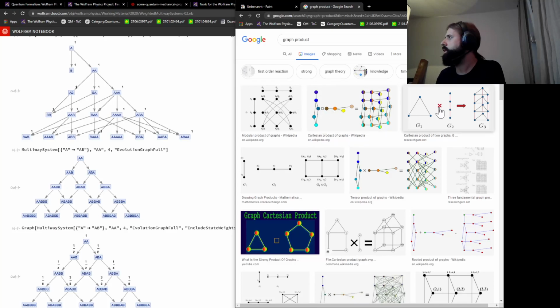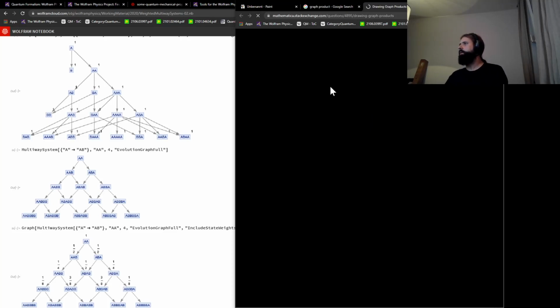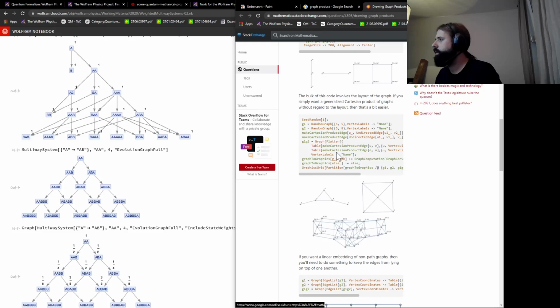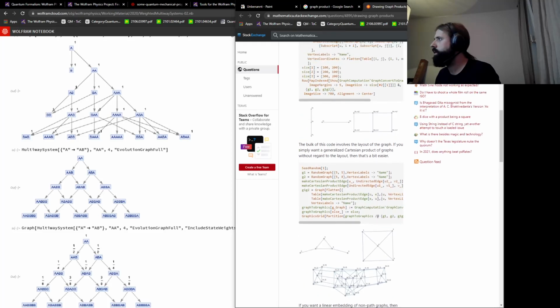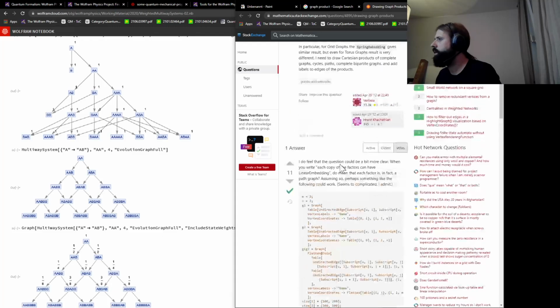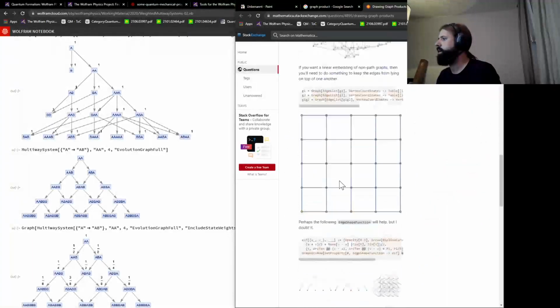Okay, so this one, right? Oh, that's Mathematica. That's why this thing seemed familiar.